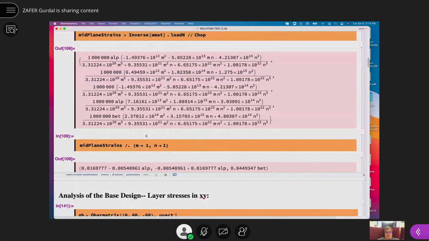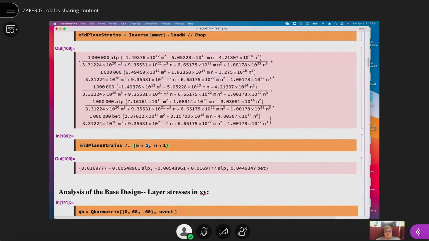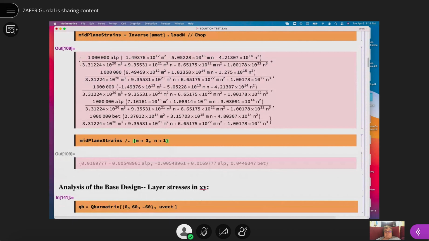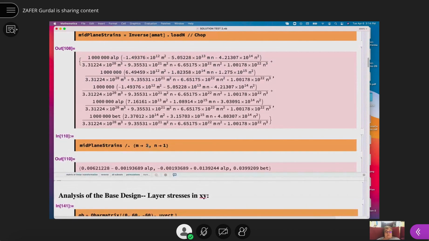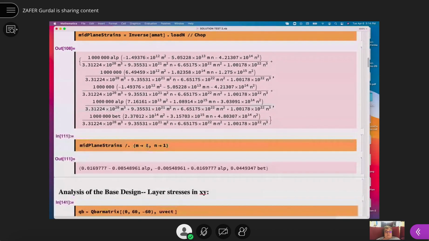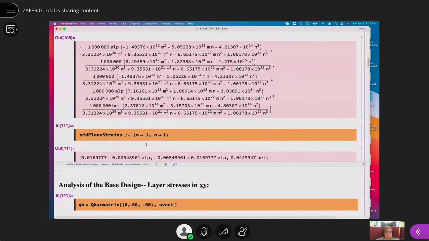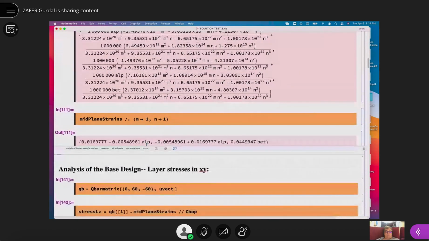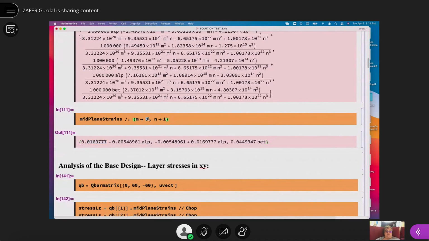Okay, and if instead this had 3 layers of zeros, these would have been the mid-plane strains. So you can see that as the laminate gets thicker, this number is becoming smaller.